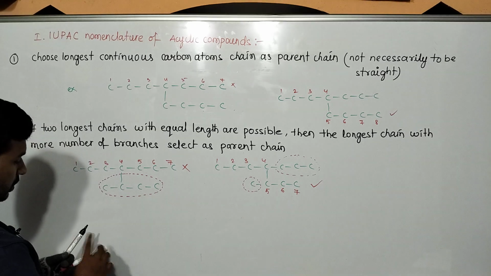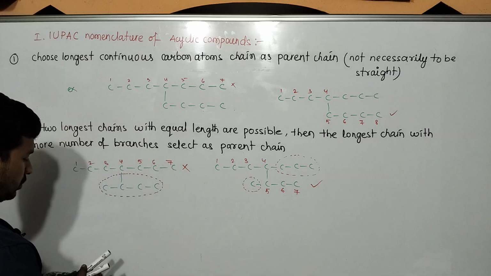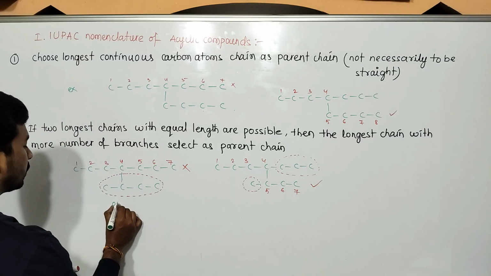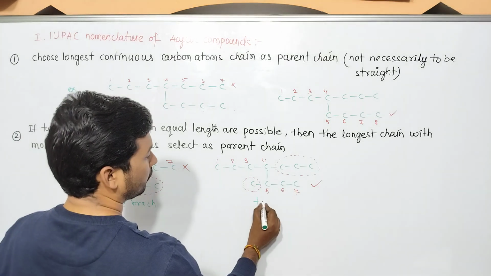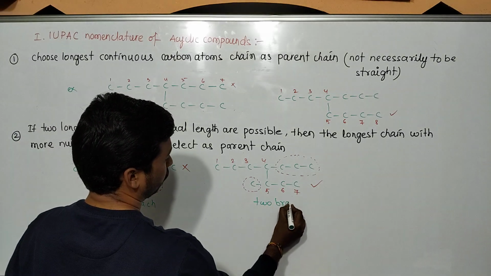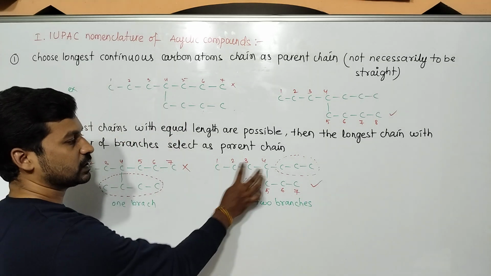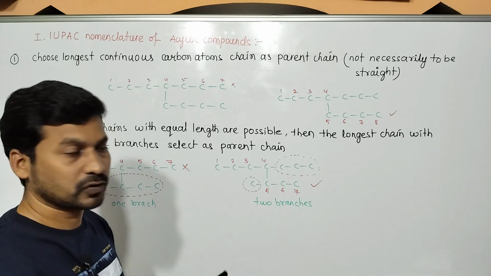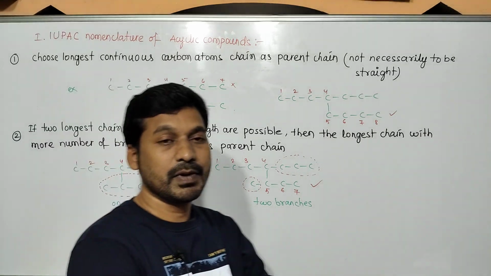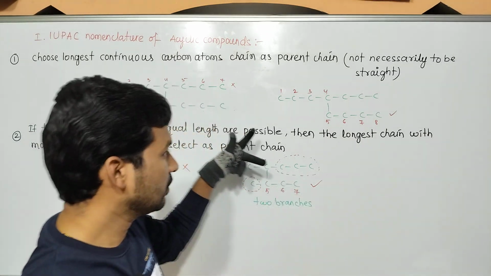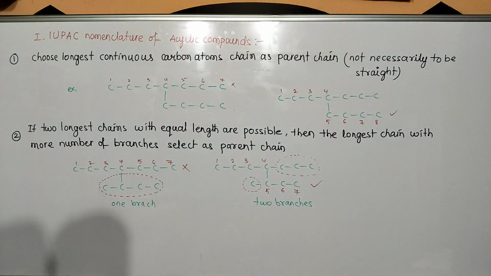Here the number of branches is only one branch. Here two branches. That is why the selection of this parent chain is correct. Hope you understood. These are two rules while naming acyclic organic compounds. First we have to verify these two.